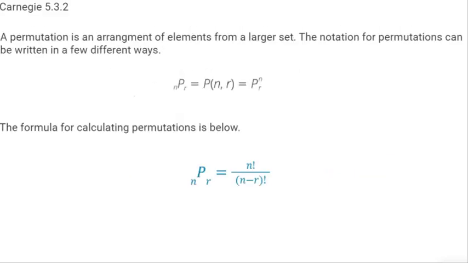So when we say permutation, we are literally asking for the number of arrangements. So we're doing the same calculation that I did in our first example. The way that we note this is nPr, where n is the total number of elements you have in your set, and r is the number of elements that you need to rearrange.